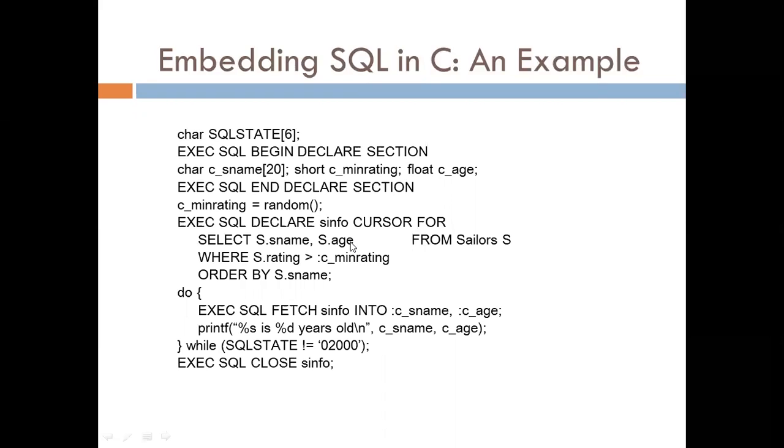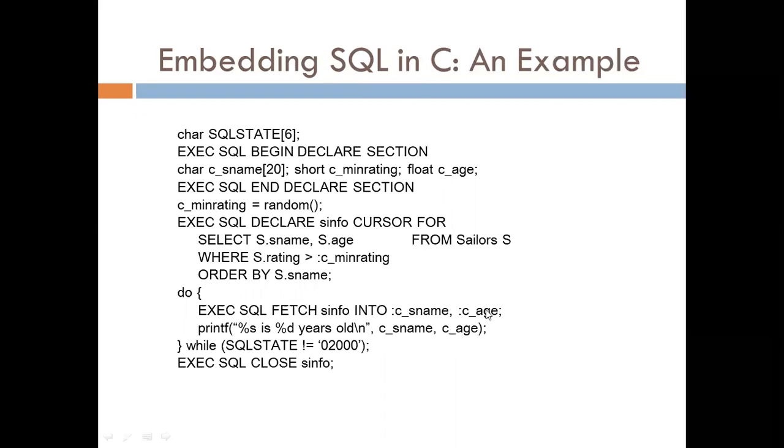When we extract the first row, we must place the name and age in some variable, in C programming variables. So the command will be fetch sinfo. Sinfo is the name of the cursor, which we have declared over here. One row will be extracted and the values will be placed in the C underscore sname variable, and age will be placed in C underscore age.